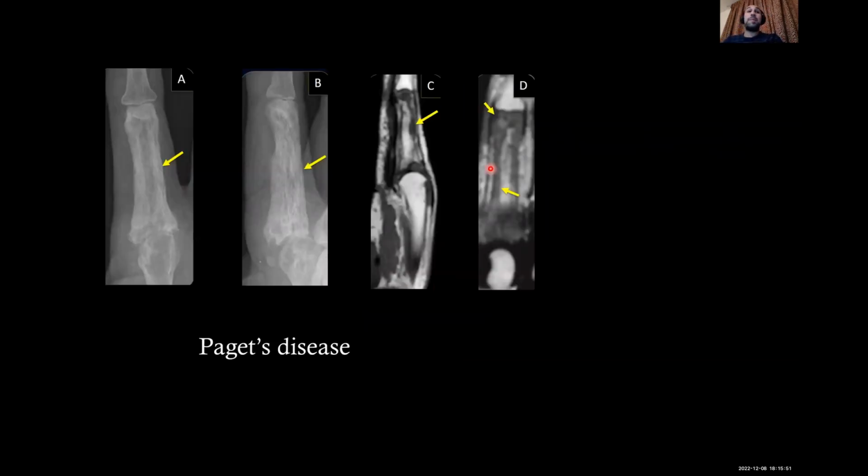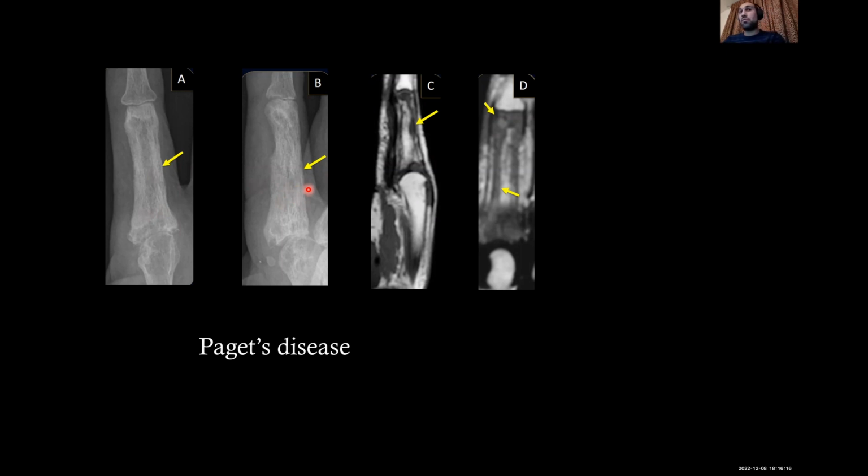Okay, this Paget disease: the cortex is thickened and there is medullary coarsening. I cannot say another differential except Paget disease. The cortex is very obviously thickened, with medullary coarsening. So this is Paget disease.